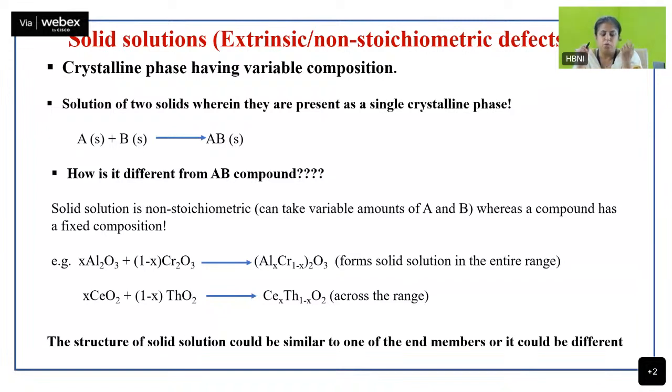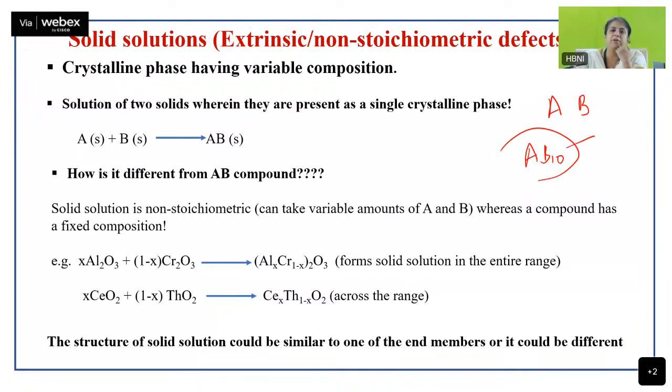What I want to say is, if I can mix my A and B in large amounts, still maintaining the same structure, let's say A1B10, A2B8, A2B9, A3B7, and so on, and still my crystal structure is the same, I call this a solid solution.